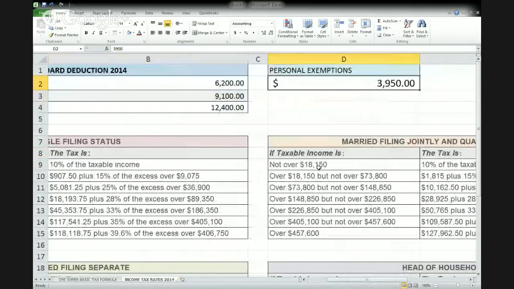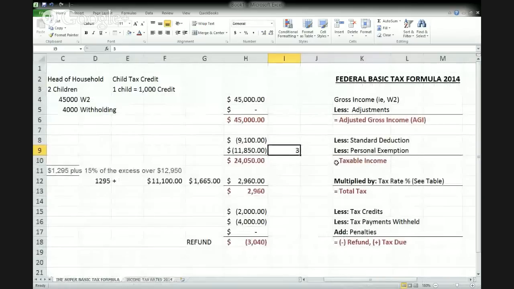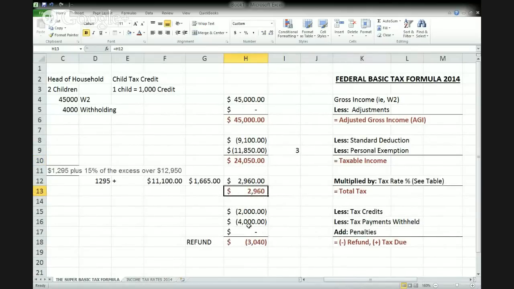The number is right here. And then after that, you get your taxable income. With taxable income, you do your tax rate. After the tax rate, you get your total tax, and this total tax is reduced by any tax credits and tax payments, and you add any penalties you may have, and then you add them all together. If it's a negative number, it's a refund. If it's a positive number, it's tax owed.